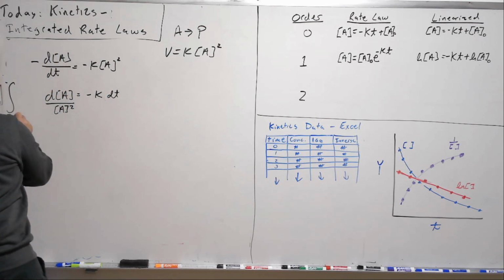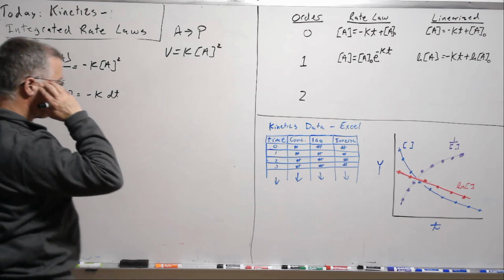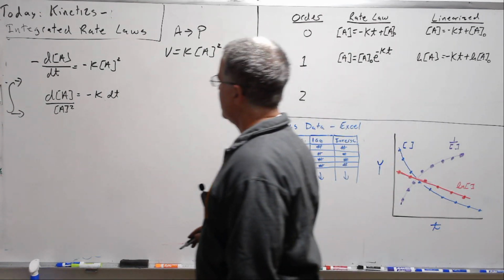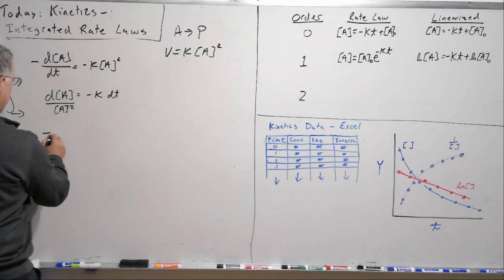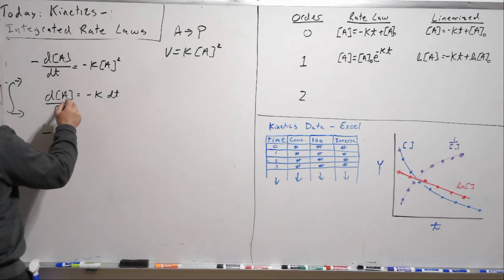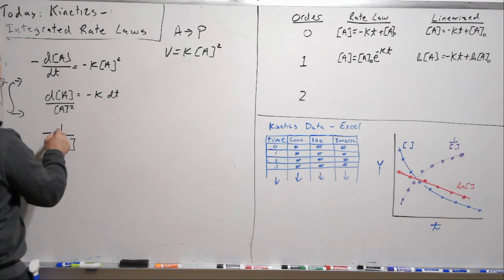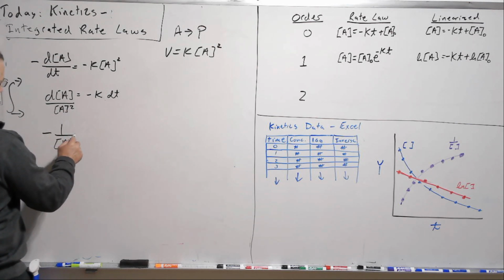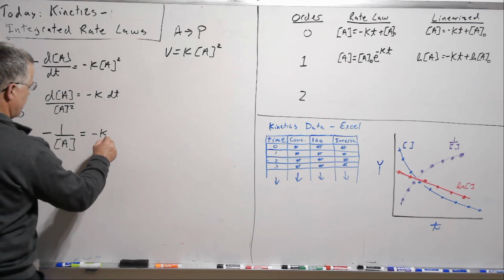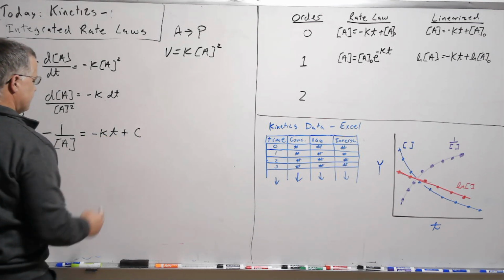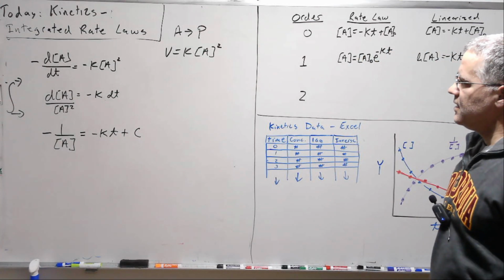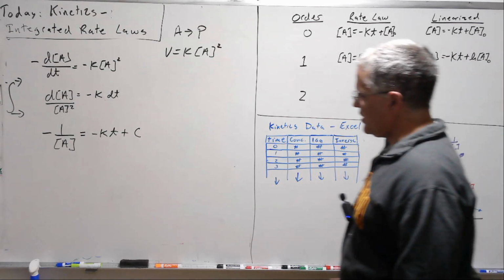So I'll do my integral coming through, and I integrate this side. I get a minus 1 over a. So raise the power by 1. And so that's a to the minus 1, and then divide by that power. Kt plus c. Okay. All right, let's apply the initial conditions.